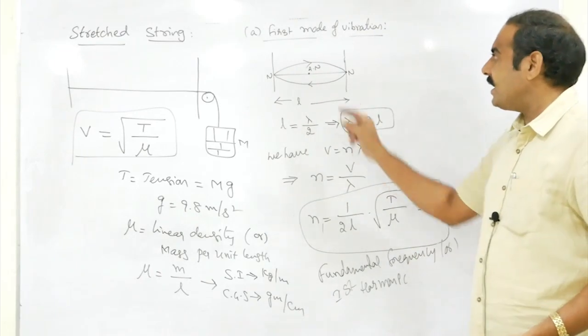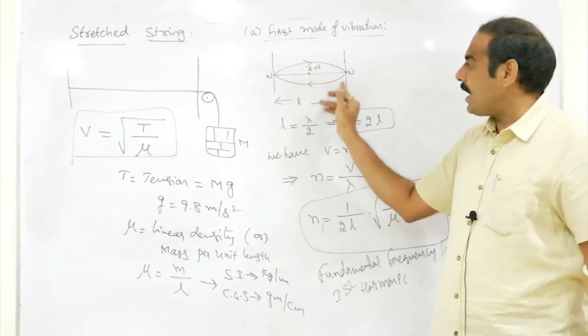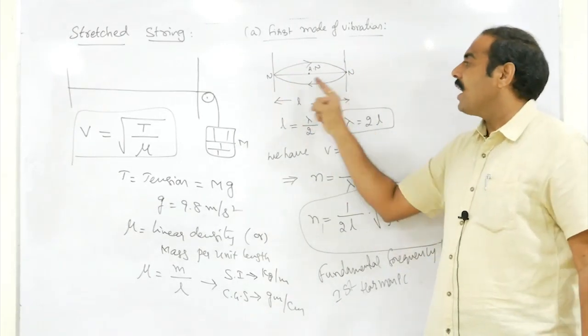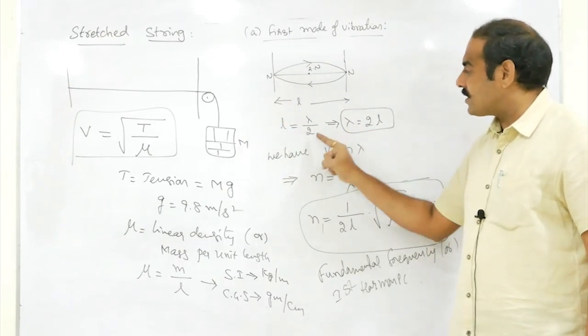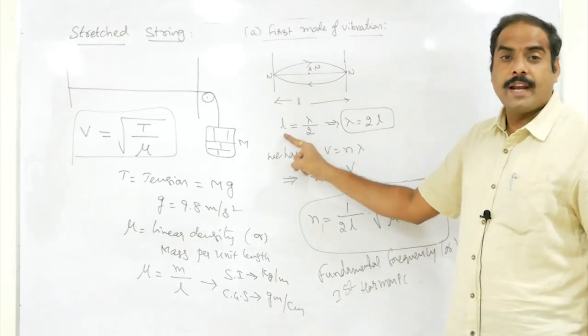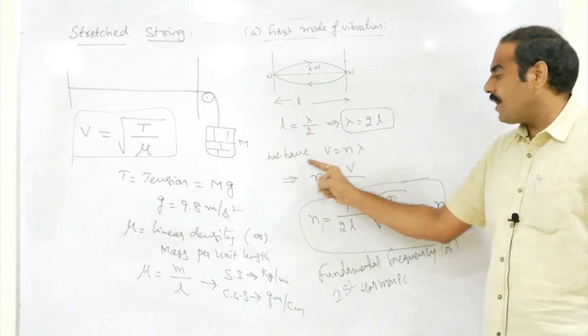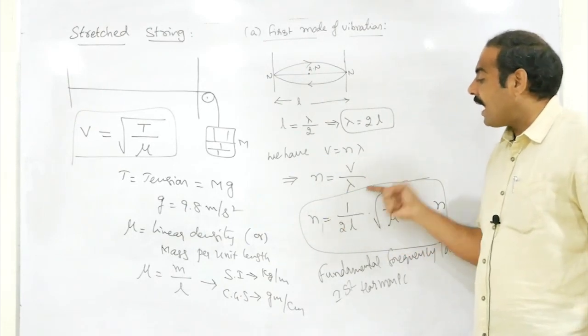Once again, I will revise. When the string vibrates in the first mode of vibration, or with one loop or one segment, it vibrates with 2 nodes and 1 antinode. What is the distance between 2 successive nodes? Lambda by 2. So L is equal to lambda by 2. This implies lambda is equal to 2L. We have v is equal to n lambda and n is equal to v by lambda.